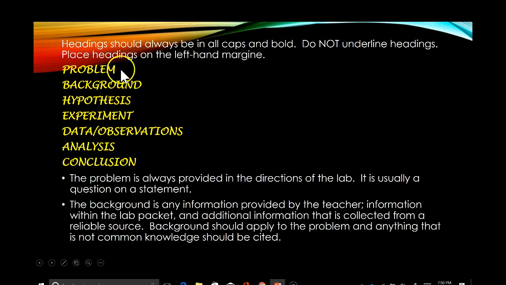Then after you're done that, you're going to skip a space and you're going to put the heading background, and again that's going to be all caps and bold. After background, this is where you're going to give a summary of the information that I've provided you in class.